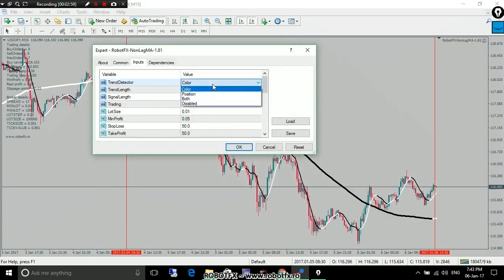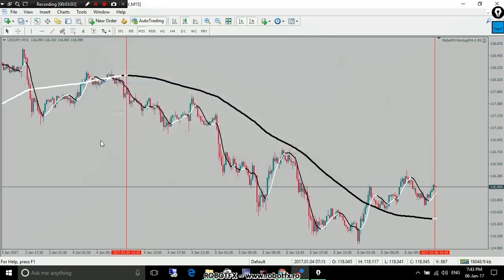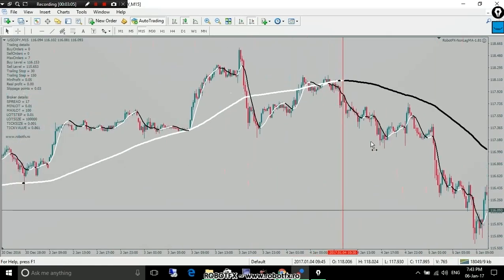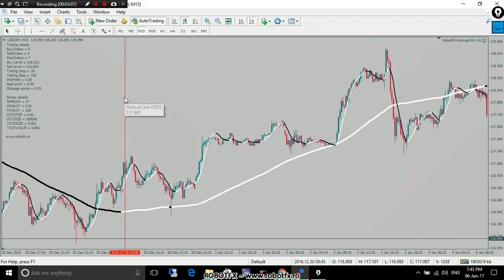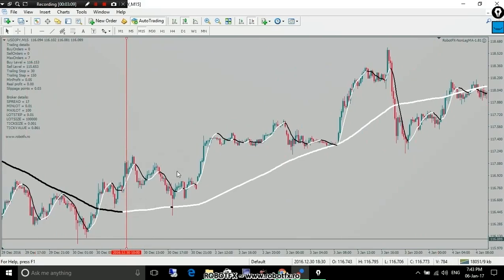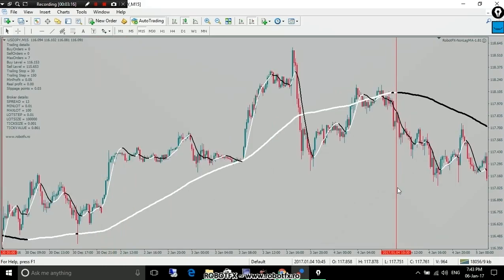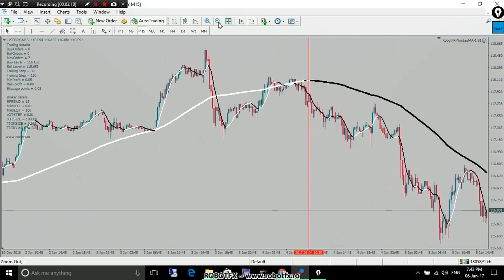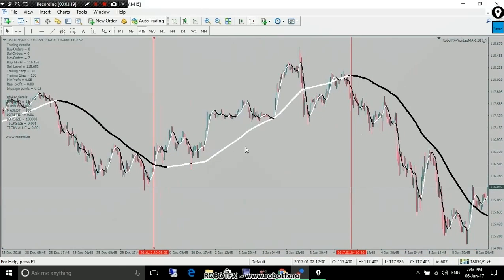The other option is to set the trend detector to position, and that means that the Expert Advisor considers the position of the price regarding the moving average. So if the price is above the moving average, then the Expert Advisor will buy. Let's zoom out a little.